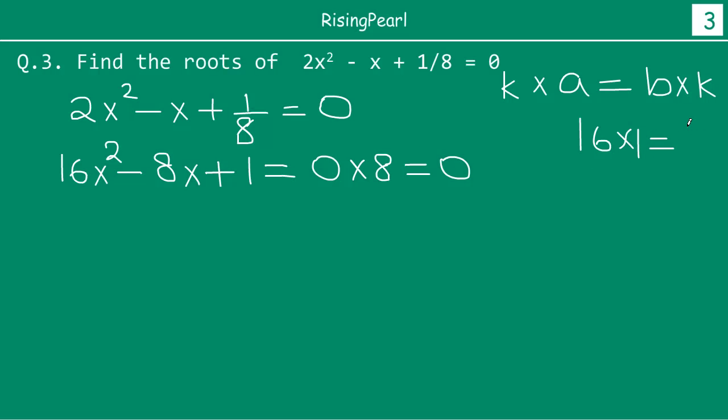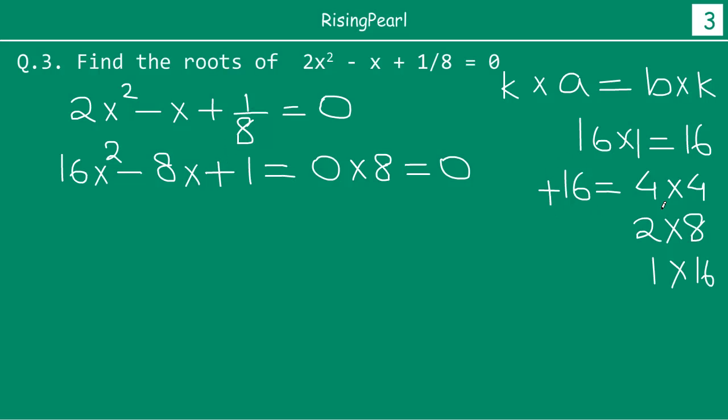So 16 times 1 is 16 obviously. We can break 16 as 4 times 4, 2 times 8, or 1 times 16. And obviously this is a plus, so the signs have to be either both positive or both negative in order for the product to be plus.